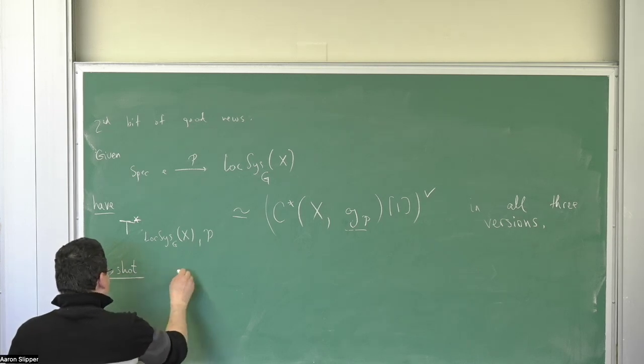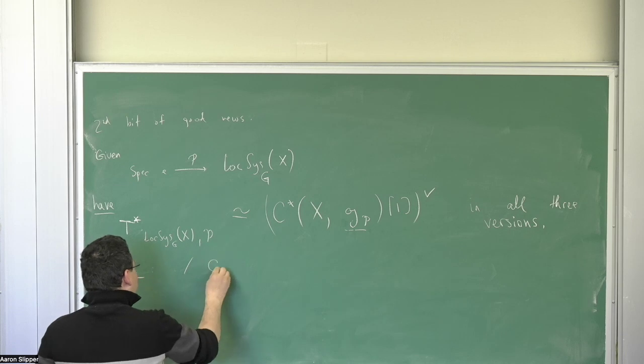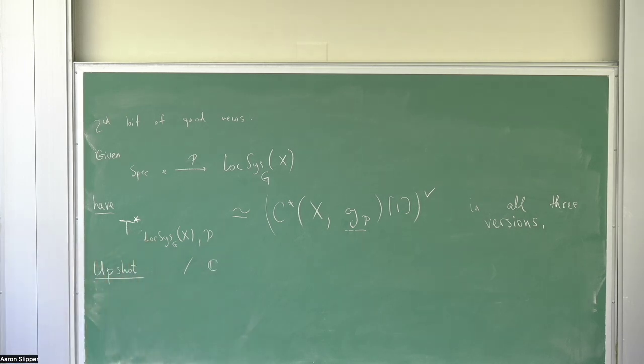So the upshot is, we have natural functors. Let me restrict to over C, because in the l-adic world there's nothing to compare to.